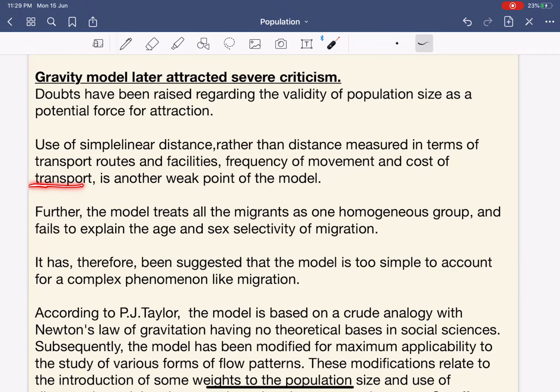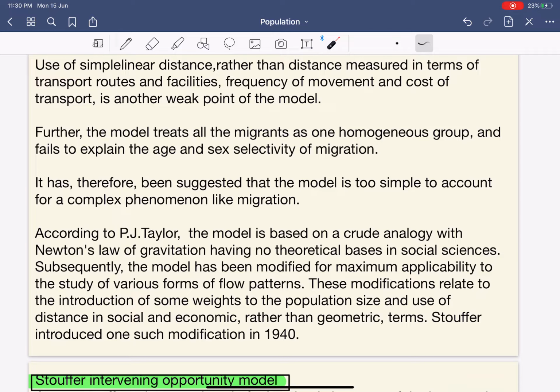What is one homogeneous group? It means it makes no difference between the male and the female. Now, as we have understood in Ravenstein's law, Ravenstein says that both male and female migrate, but males migrate beyond, that is, males migrate farther than females can. In this context, the gravity law does not take such a thing into account.